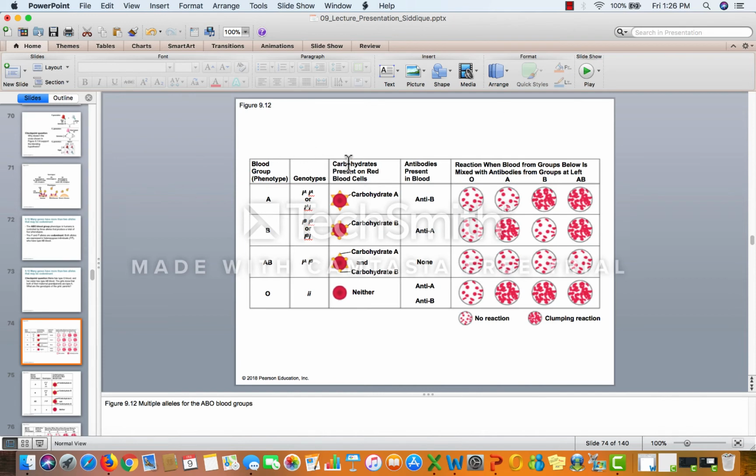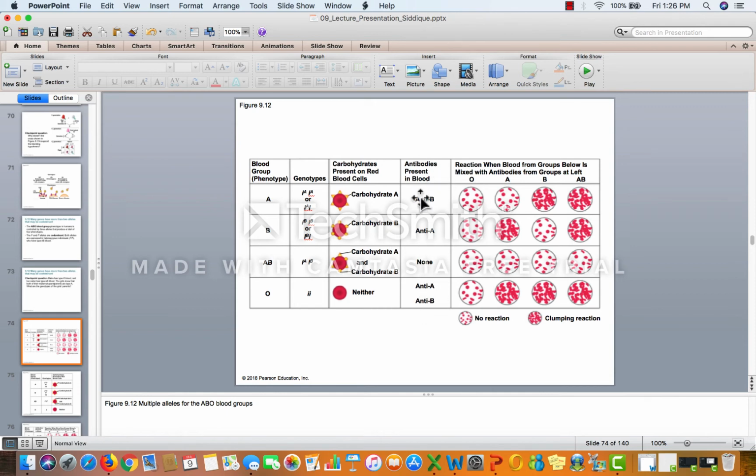So here is the breakdown of all of her blood types, A, B, AB, and O, okay? The genotypes are listed. This is A, this is B, this is AB, and this is O. If you have carbohydrates present on the red blood cells, you'll have sugars for A, sugars for B, sugars for A and B, and none. Your antibodies.